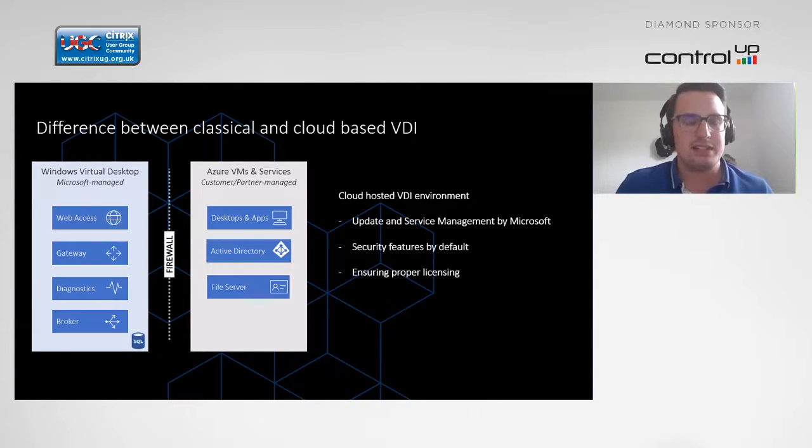And last but not least, the point regarding proper licensing, which I mentioned before, that the customer or the service company has to take care of on behalf of the client. We realized, as a service company as well, that most clients are already eligible for WVD while having Microsoft 365 E3 or E5 licenses, or Windows 10 E3 or E5 licenses, so that they just need to pay for the computing resources.